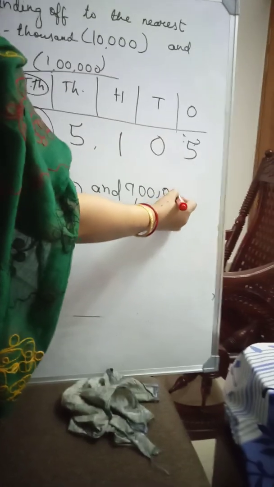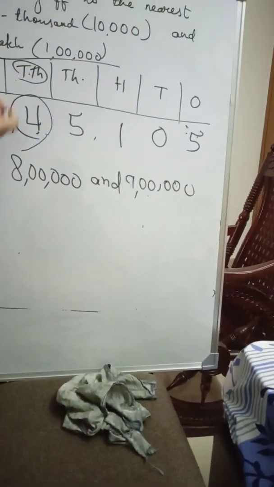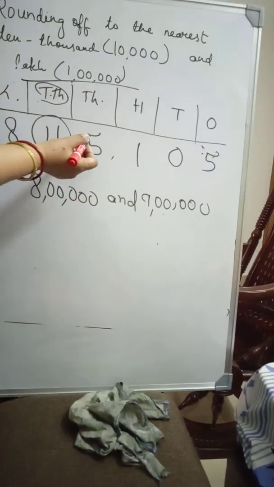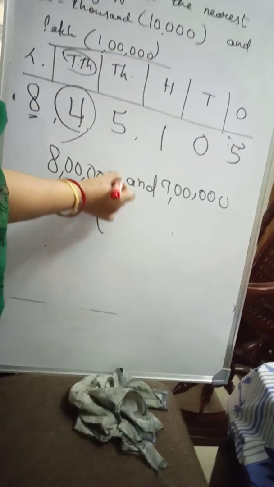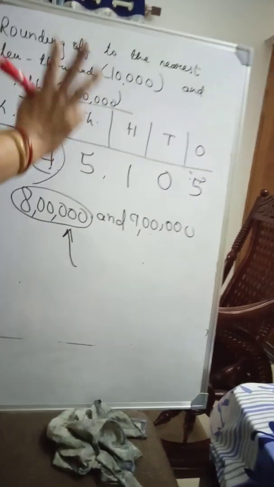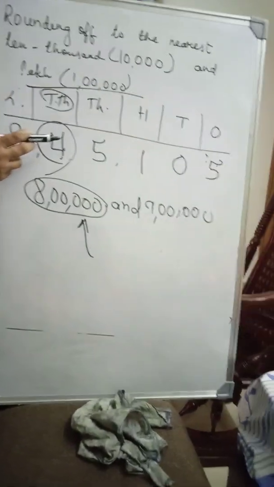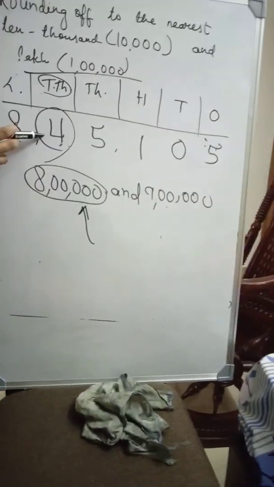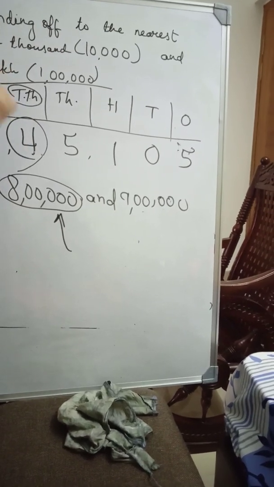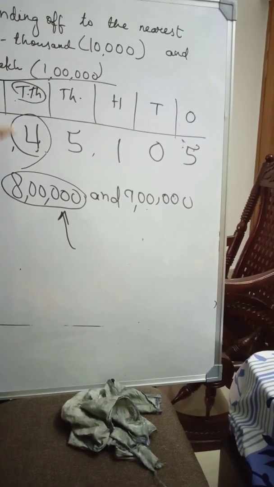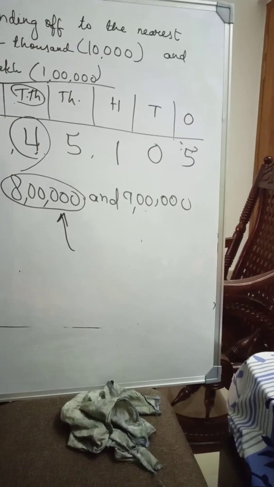Correct? Second point, this 8,45,105 is nearer to 8 lakh. Correct? Third point, the digit at the 10,000 place is 4. Then we have to round off to the nearest multiple of 1 lakh which will be less than this number, 8,45,105.